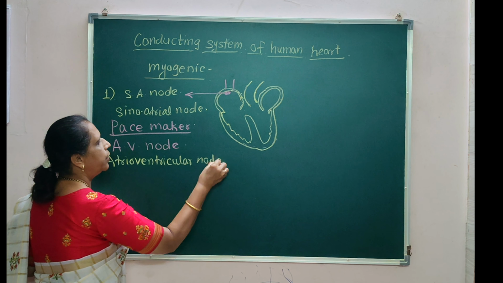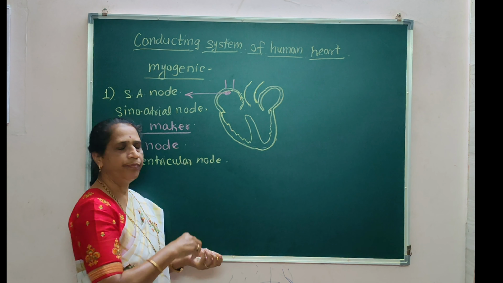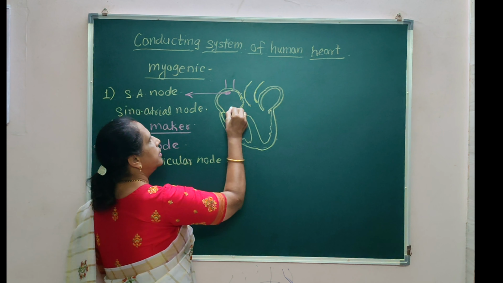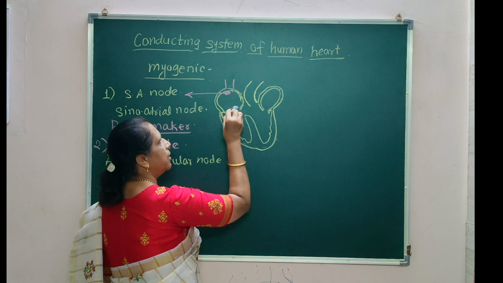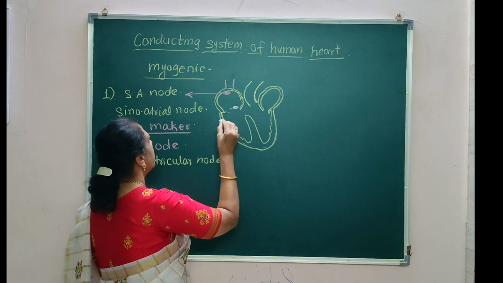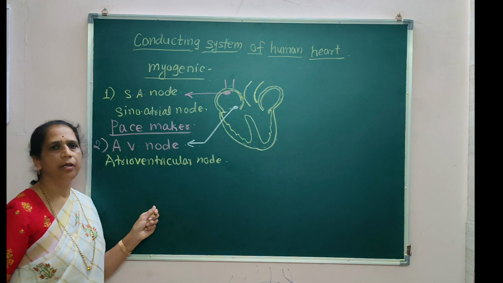This atrioventricular node is also situated in the right atrium at the lower side, near the opening of the coronary sinus. So this is the AV node.